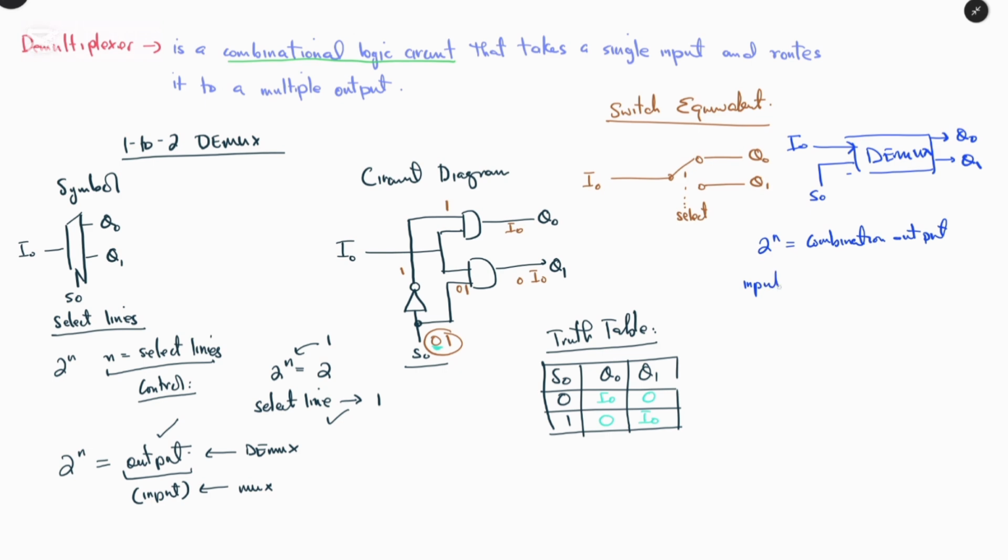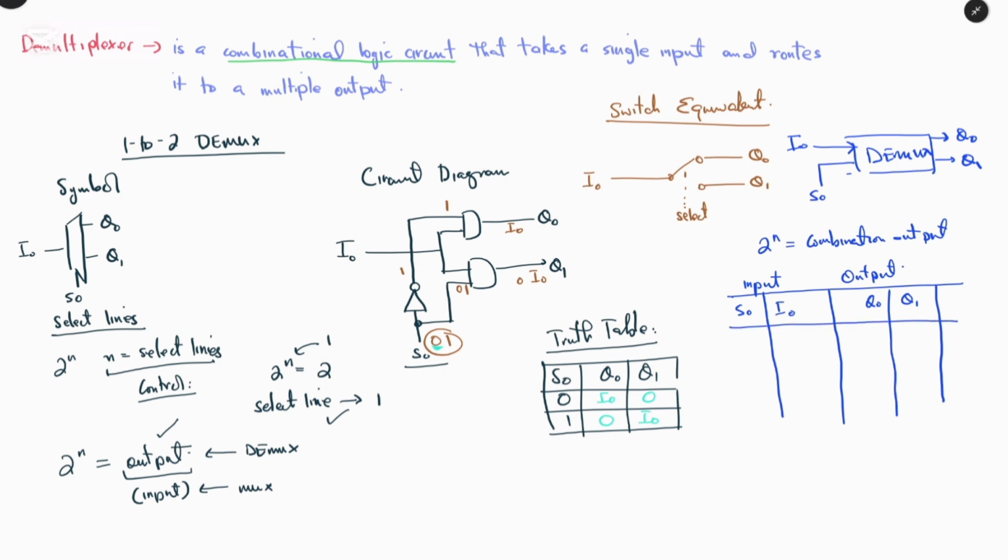Comparing the input with the output, the inputs are S naught and I naught, and the outputs are Q naught and Q1. If we specify all the combinational inputs and outputs, it will be 4 as given in the equation. So we can have 0 0, 0 1, 1 0, and 1 1. Those are the combinations of the input.